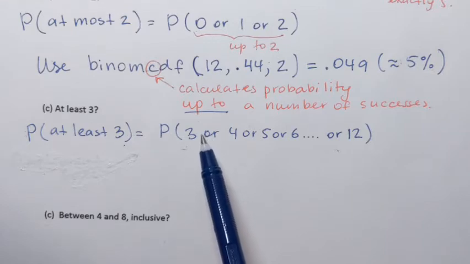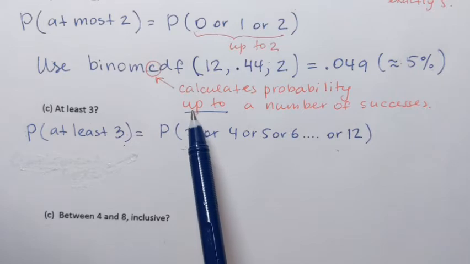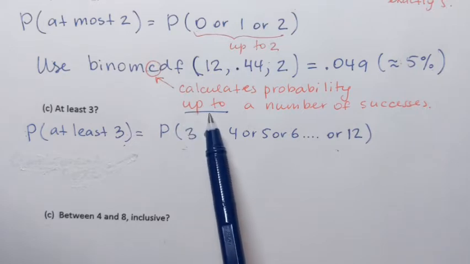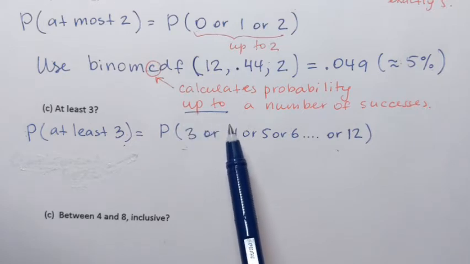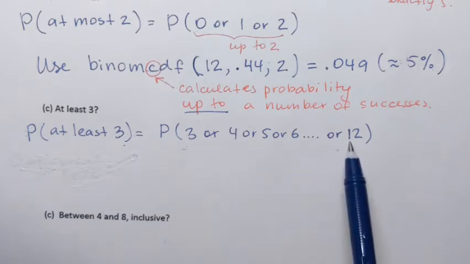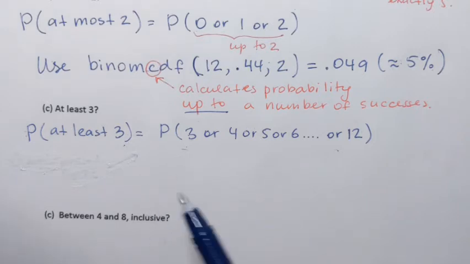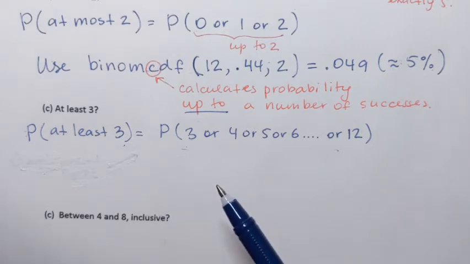Well, we have to remember that Binomcdf is being used to find number of successes up to a certain number. And that's not the case here. It's not up to a certain number here, but 3 and more, kind of on the other end, right, on the other side of that.